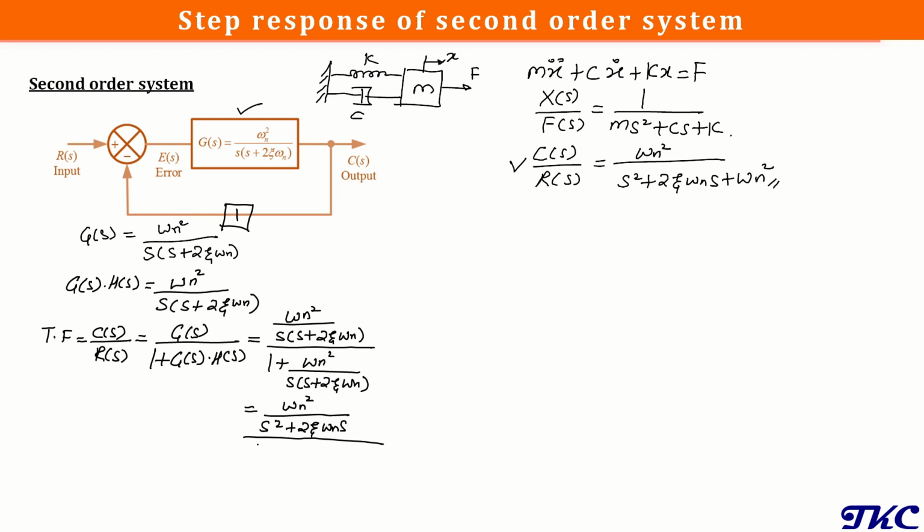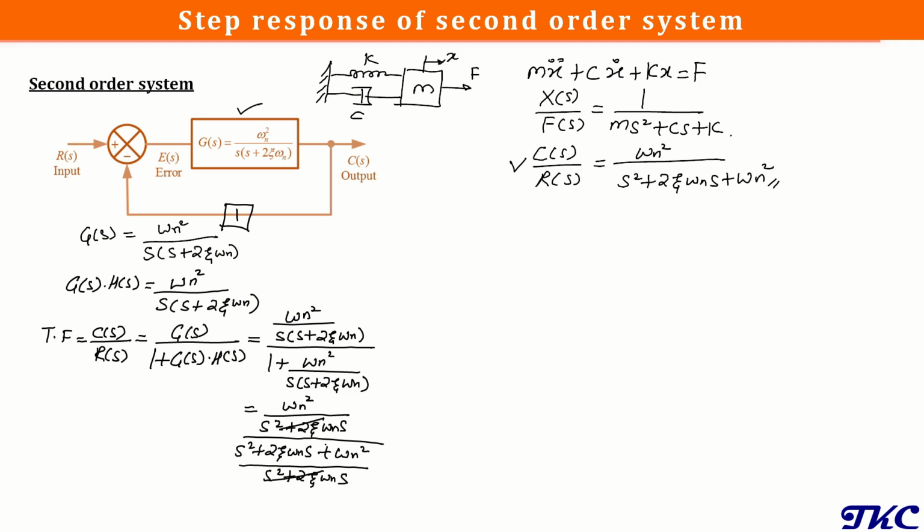So we will have s square plus 2 zeta omega n s plus this term, that is omega n square, and again in the denominator of this value we will have s square plus 2 zeta omega n s. Now the denominator from this term and the denominator from this term are the same, so we can cancel both of them.